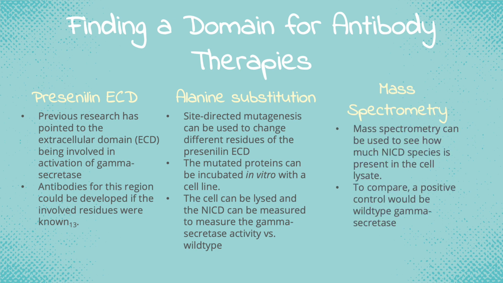And then mass spectrometry can be used to measure how much of the NICD species is present in the cell lysate, and then we can compare this to the control, which would be a wild type, the positive, and then the negative control can be gamma-secretase with a known inhibitor. And this would just give us more insight if maybe the extracellular domain is an important part for possible treatments.